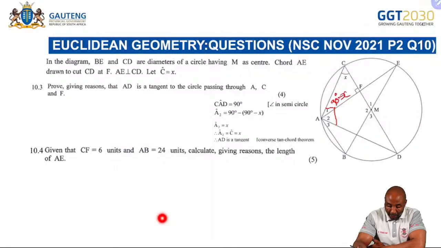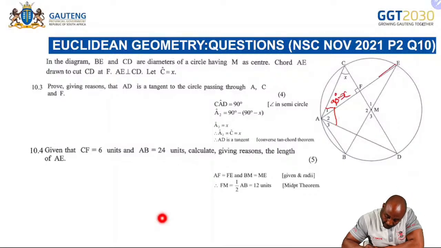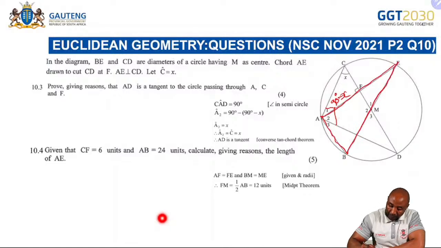So to find the length of AE, first of all, we are able to see that if you look at triangle ABE, we know that our FE is equal to our AF, line from center perpendicular to the chord, and also this angle is 90 degrees.